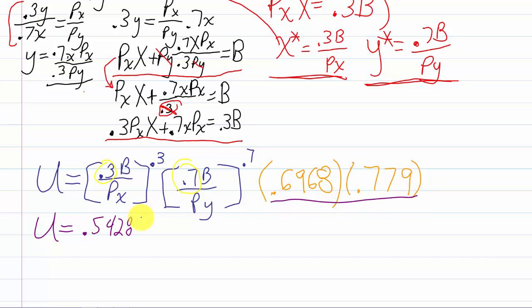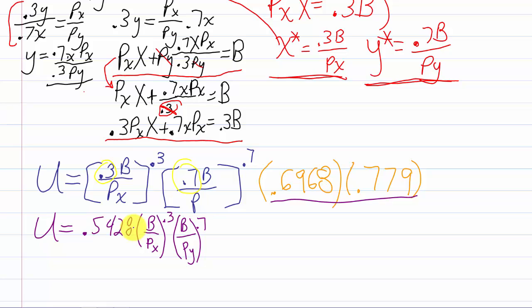And then we're going to leave this as B over the price of X raised to the 0.3, and here B over the price of Y to the 0.7. Now we could, if we wanted to, combine those two B's on the top there because that's going to add up to 1B, right?